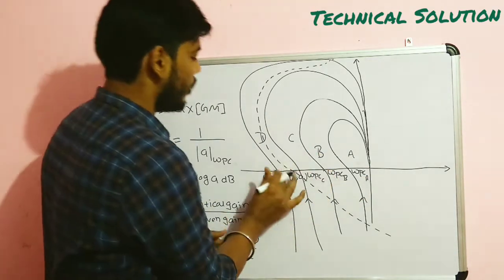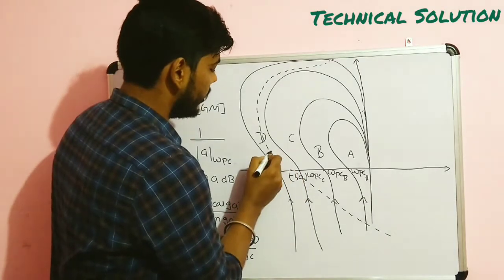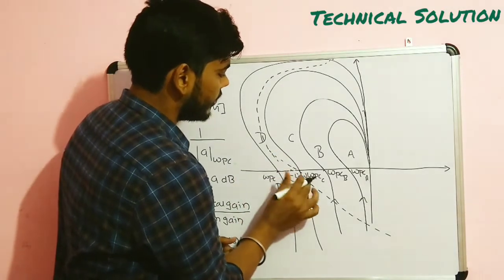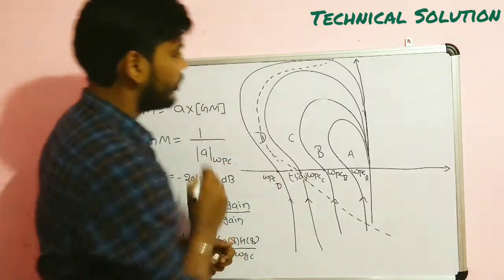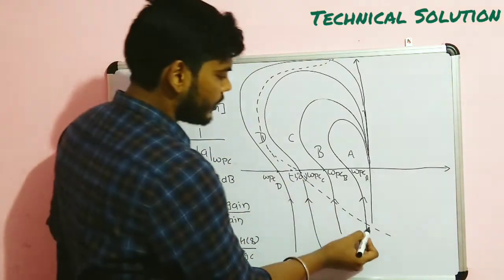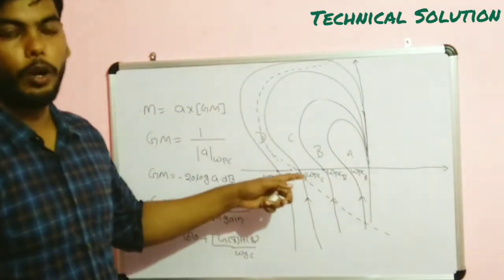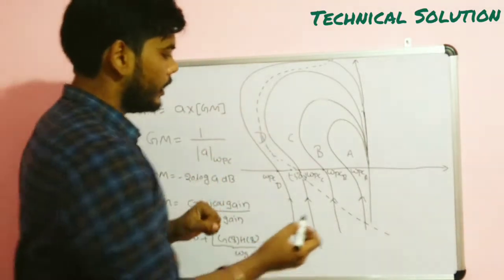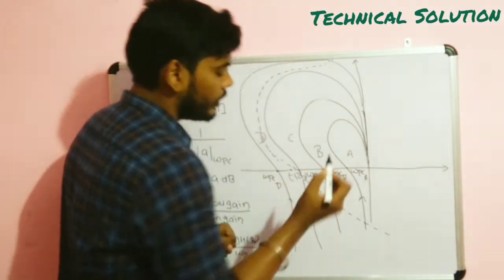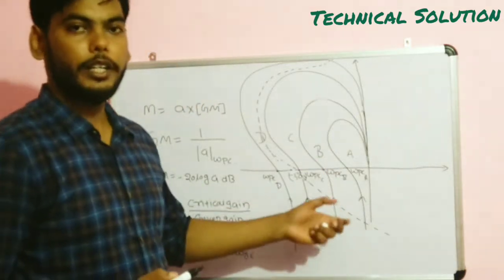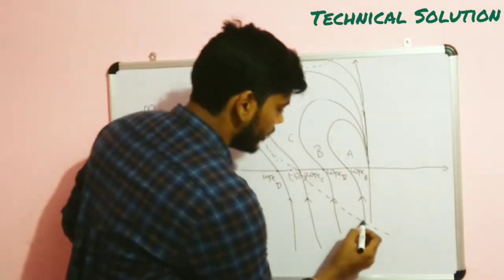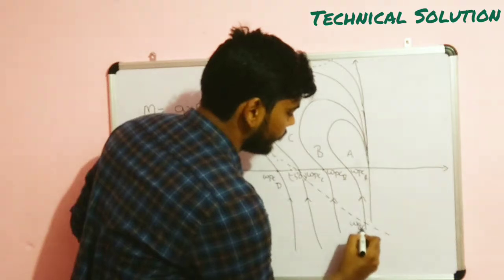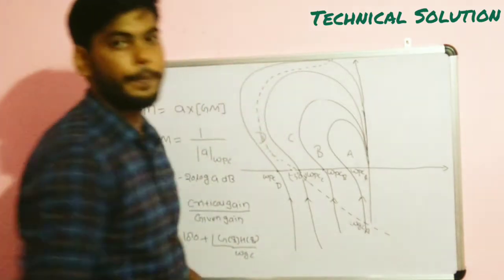Where this unit circle cuts the polar plot, that is the gain crossover frequency. Here the gain of the system is 1. It is the omega Gc for A.